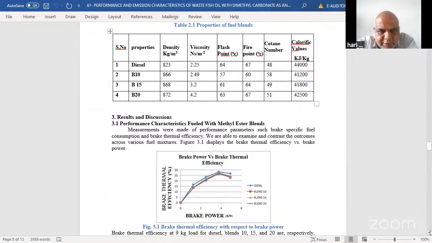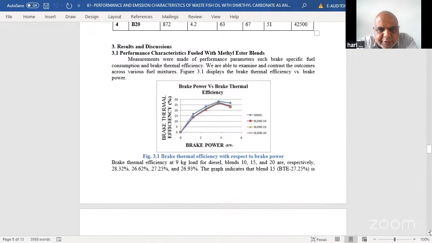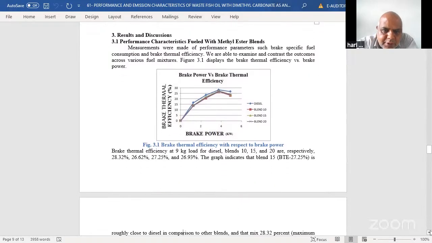So if you see the results and discussions, the performance curves of the fish oil are there. Here, diesel has more efficiency when compared with the other blends. Since the calorific value is very low, that is the reason why it is decreasing when compared to diesel.